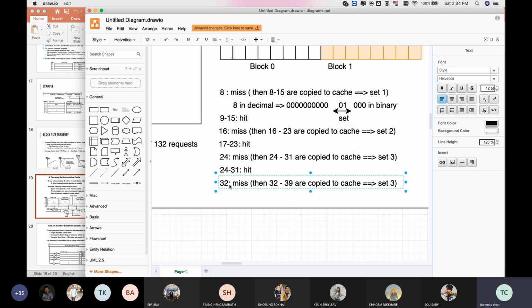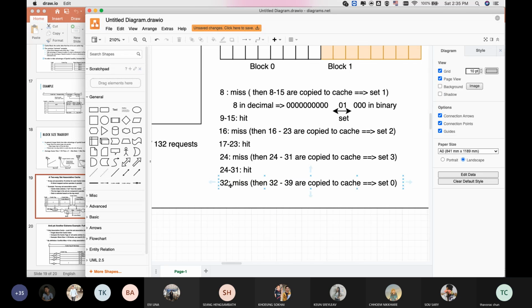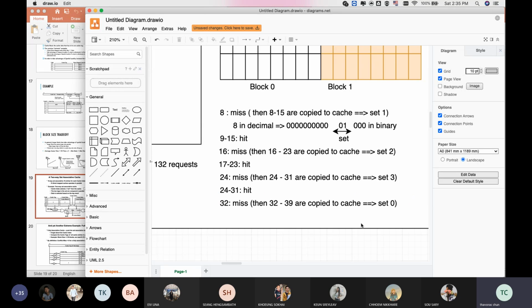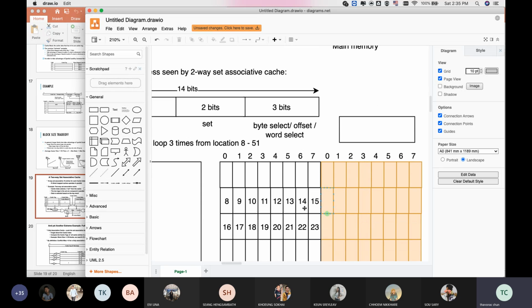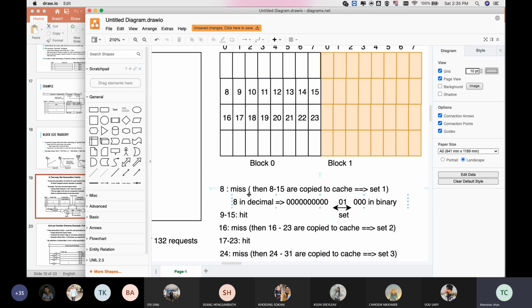Because we only have 4 sets, and we have set 0, 1, 2, 3. So if you check it again, it copy to set 0 and try to test it out. So 32 to 39 here, it copy to set 0, but set 0, okay, set 0 we don't have it yet.